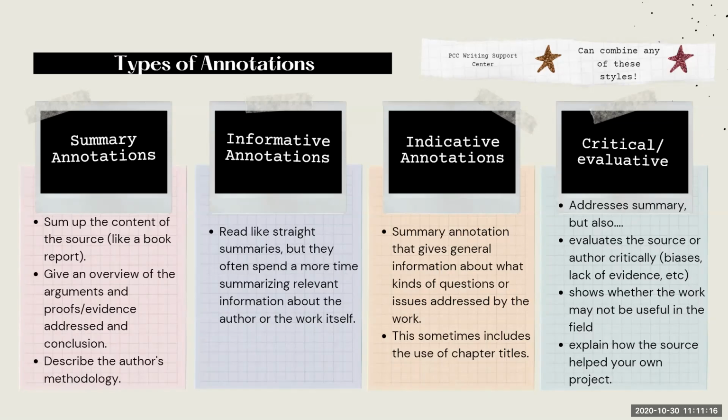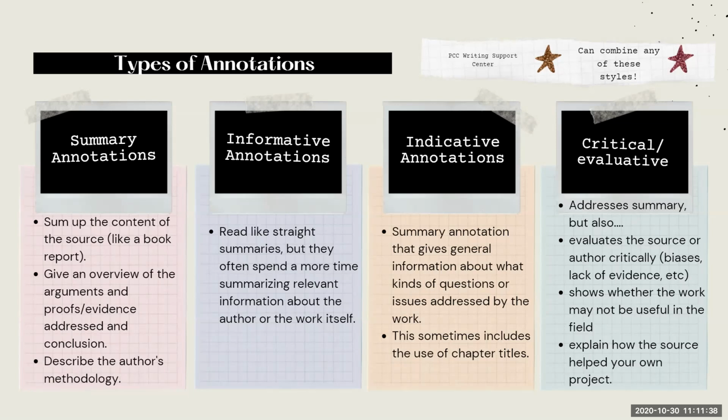Indicative annotations. They're another type of summary annotation, but rather than including information about the argument itself, you're giving more so general information into what kinds of questions or issues were addressed by the work. So this would include either chapter titles or section titles that were included.